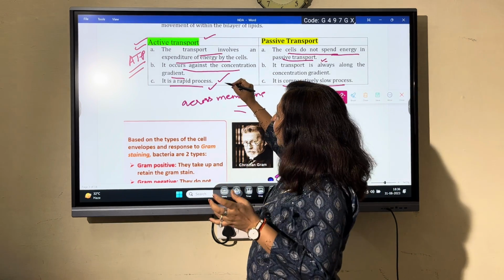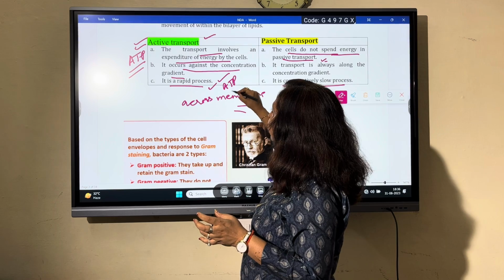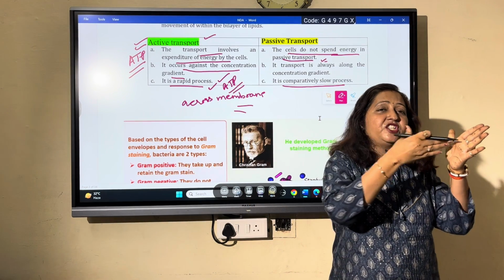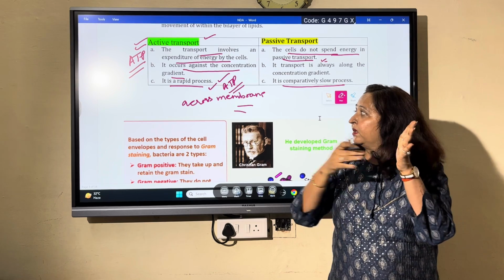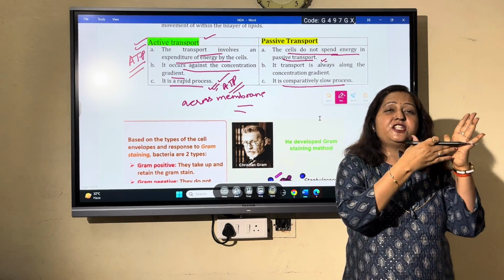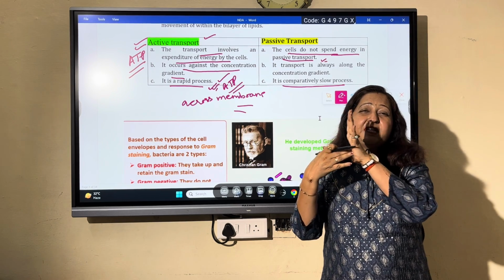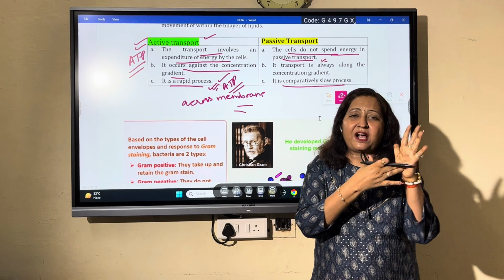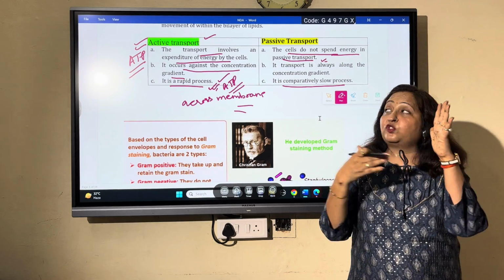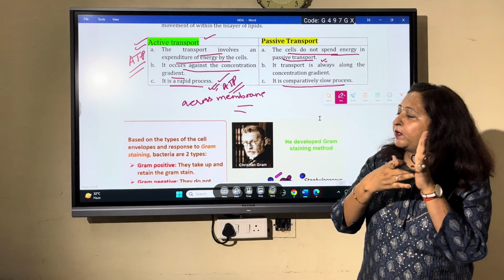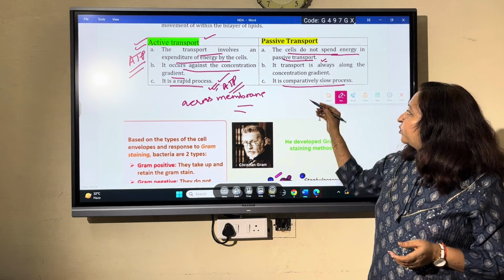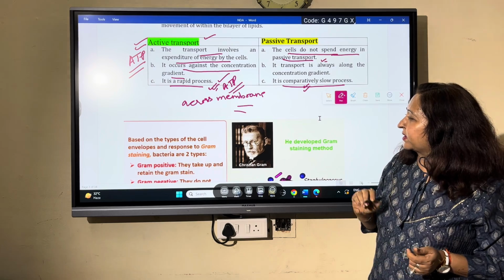If energy like ATP is required in active transport, and we apply any energy, any force, then definitely that work will be done faster. So in active transport we are applying energy, so definitely it will be rapid. Whereas in passive transport we are not applying any energy, so it is comparatively a slow process.